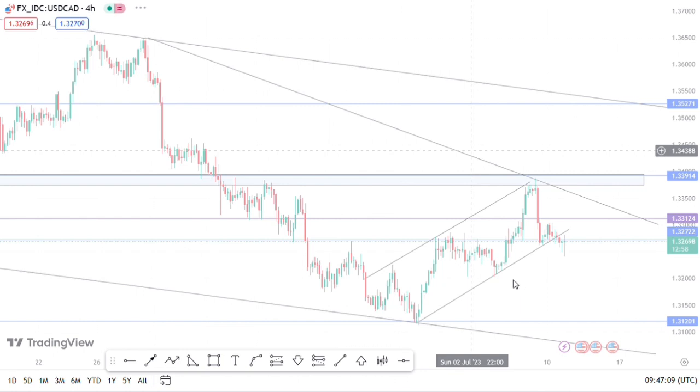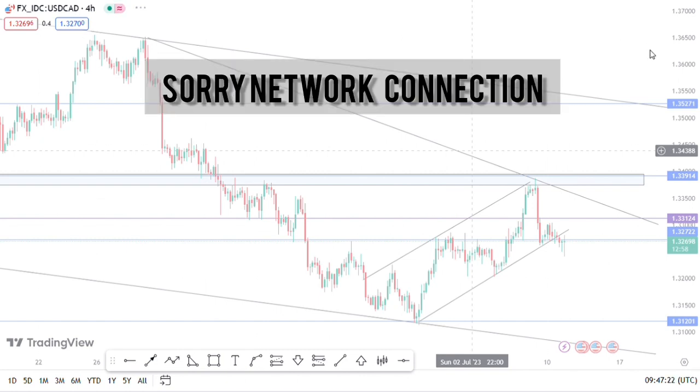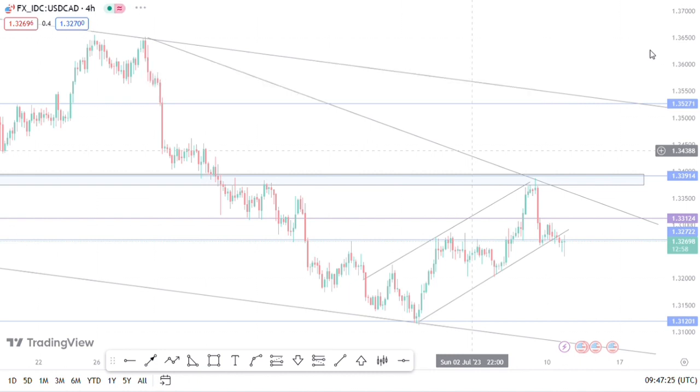I think we are forming a head and shoulder in the network. Yeah, guys, I think we have spotted a head and shoulder right there.